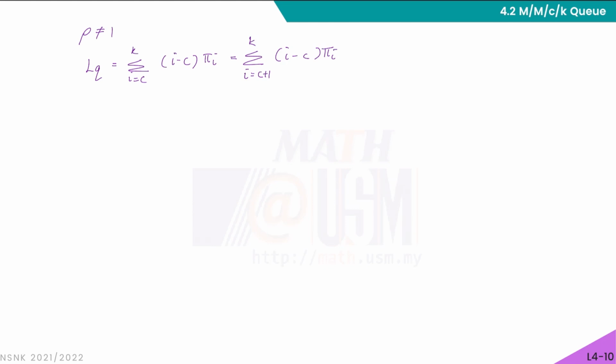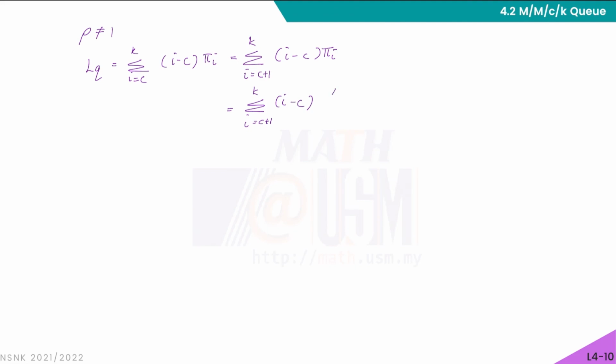So we're just going to consider i equals c plus 1. Then you can just write down the value of your pi i when rho is not equal to 1.